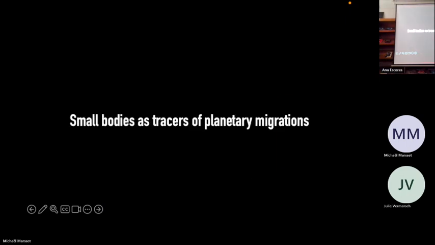So we care a lot about small bodies in our solar system because they are excellent tracers of planetary migration. For a very long time, the dominant view of planetary formation was that planets are found today where they were formed.